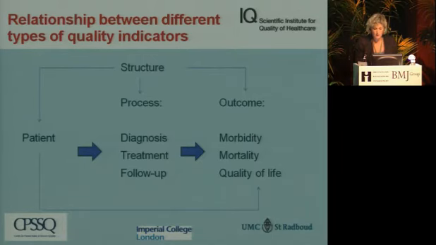And this care process is organized within a certain structure. And we have to realize that the outcomes of care are not only influenced by the care process, but also by the condition of the patient at the start of the treatment or diagnosis.